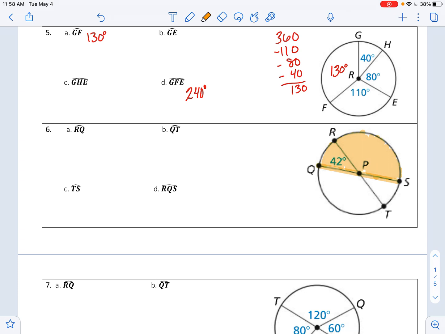I have 42 and some number that's going to add up to 180. So I could do 180, just like we did earlier, and subtract what I have to figure out what would be left.